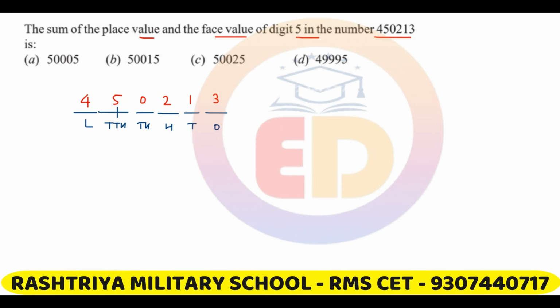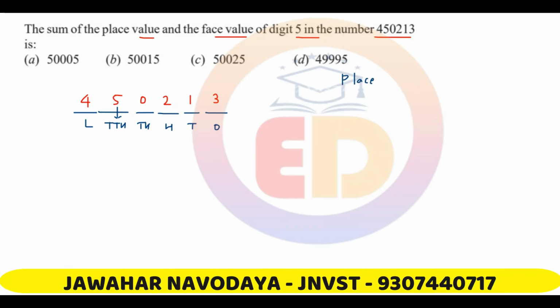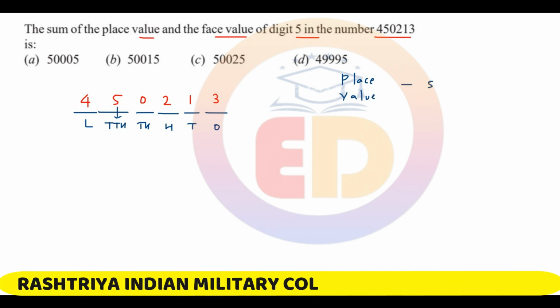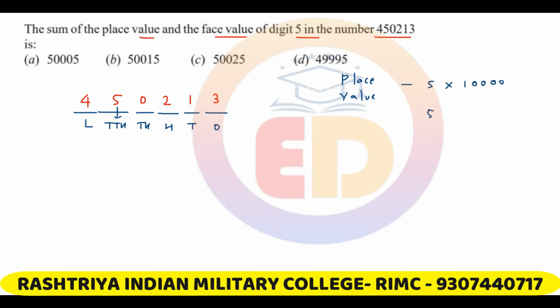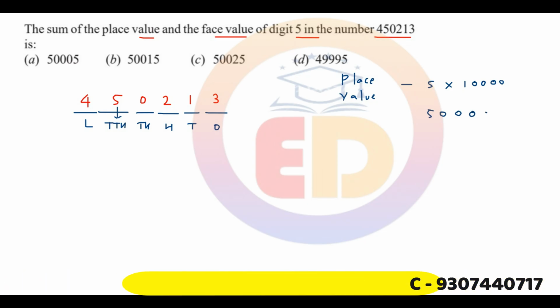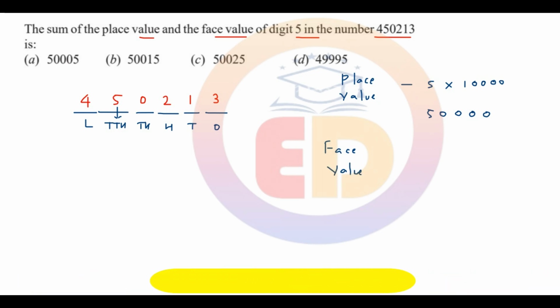So the digit 5 is at 10,000 place, so its place value will be 5 multiplied by 10,000, which is 50,000. And its face value is the number itself, so face value of 5 will be 5.